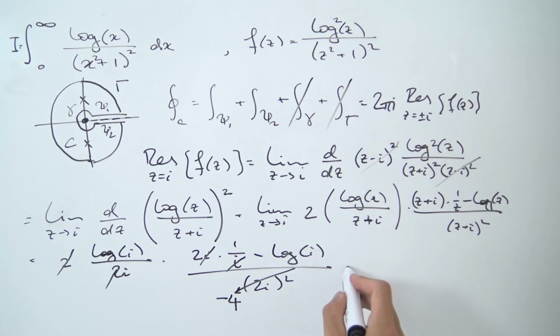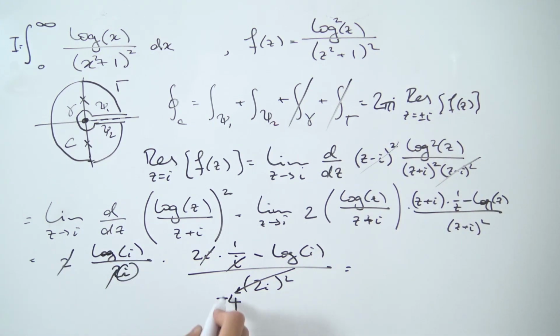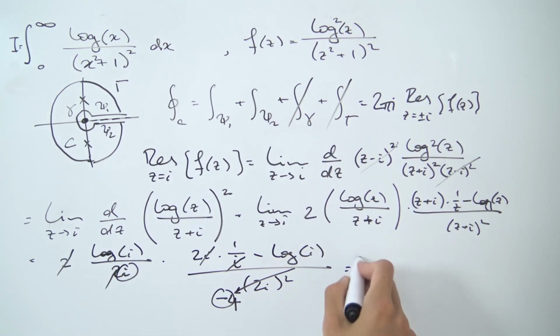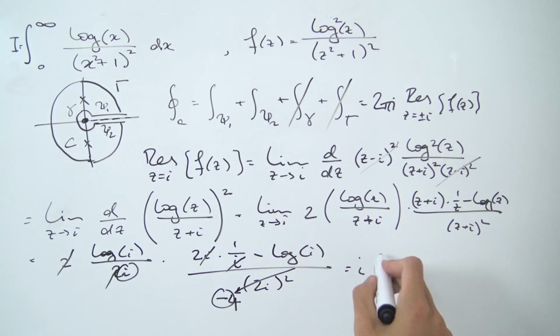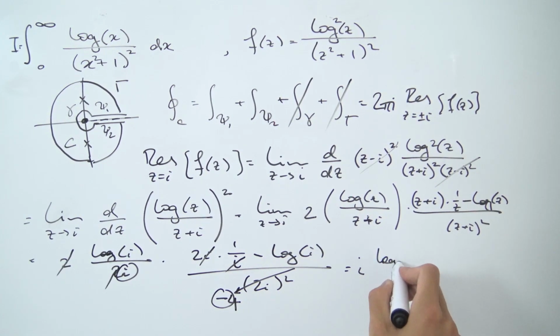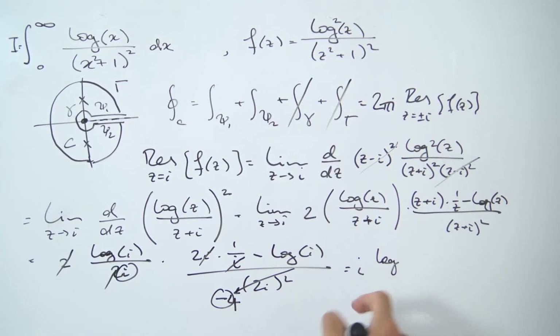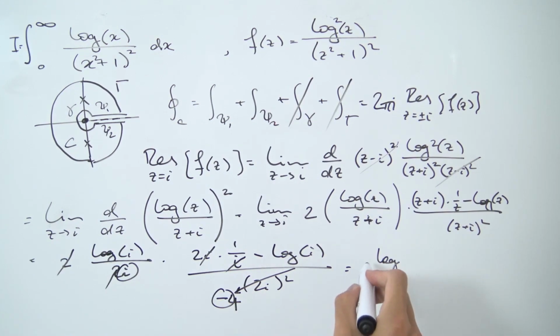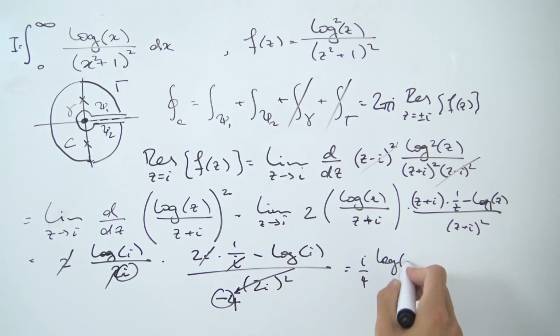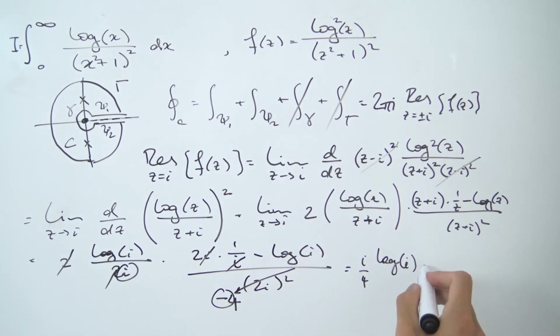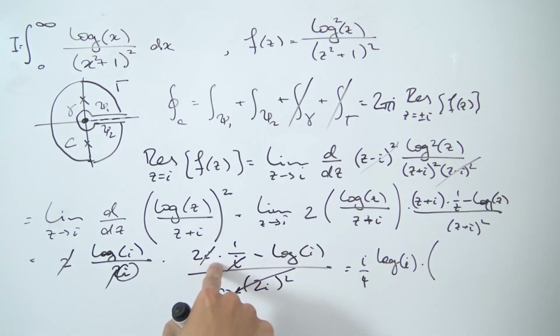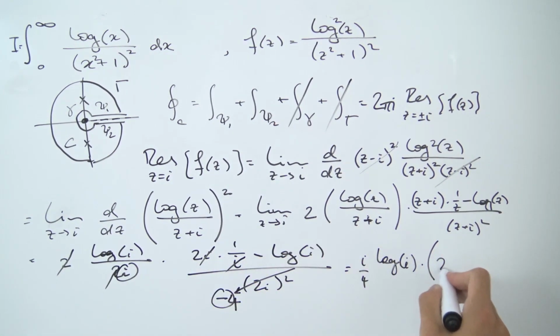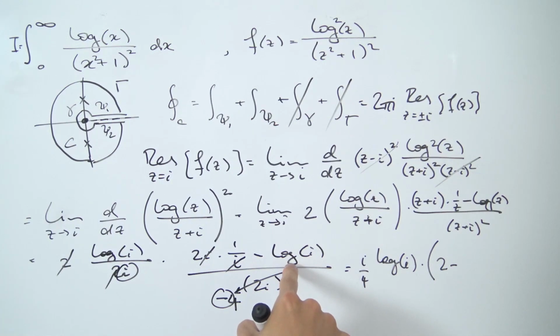So what do we have? Negative i in the denominator is the same as i in the numerator. We have the logarithm of i, and we also have the division by 4, so i over 4 log of i, times 2, minus log of i. What exactly is log of i?